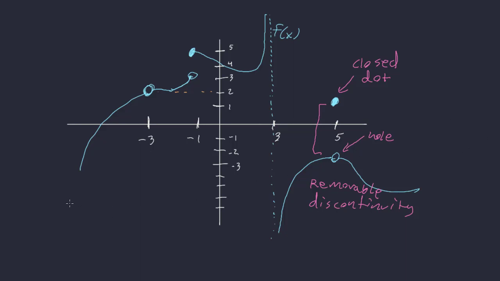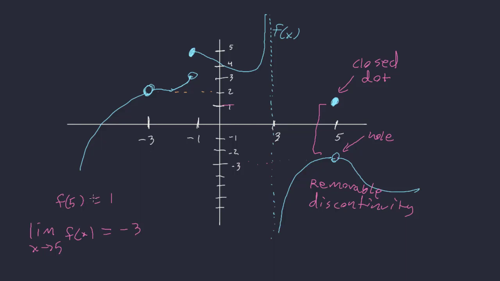Okay, so in this case, f of 5, well, we can actually get a value. F of 5, if we map this over, looks to be 1. The limit exists, right? The limit as x goes to 5, we can find down here, it seems to be, let's say it's 3, or negative 3.